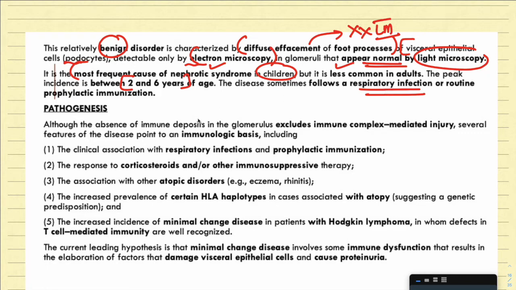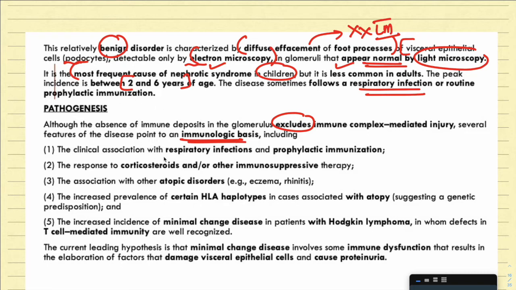Although the absence of immune deposits in the glomerulus excludes immune complex mediated injury, several features of the disease point to an immunological basis. Very important: although we do not find any immune deposits, there is a lot of immune etiology here.